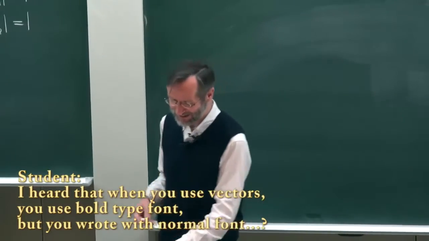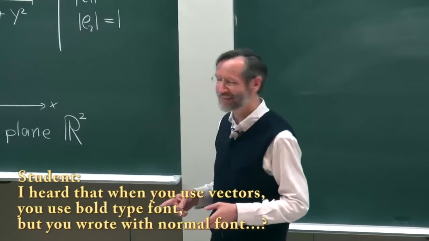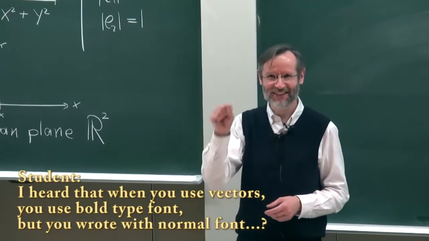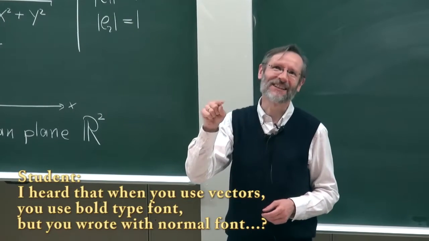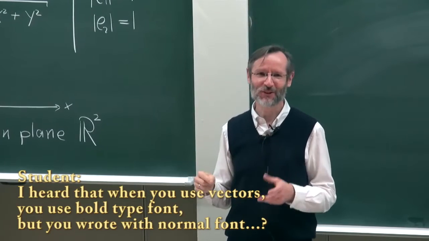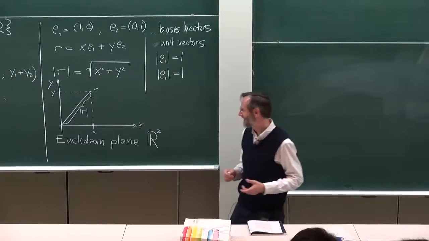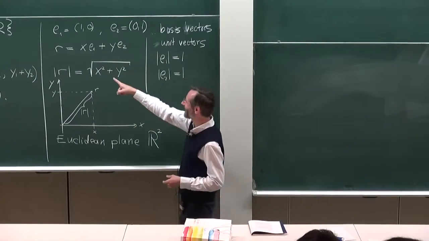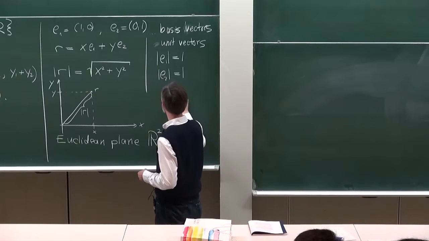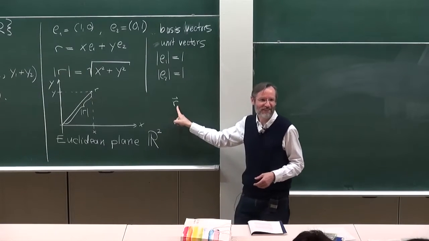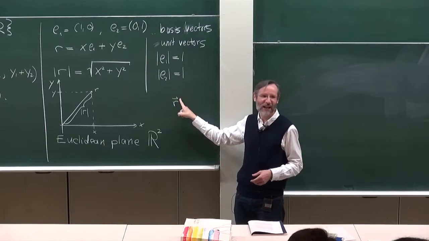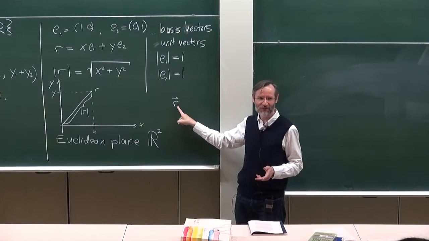But what many people do is write a vector so that they write a small arrow on top. Would you like me to do that? Some people write not R, but they write R with a small arrow on top. Would you like me to do that?